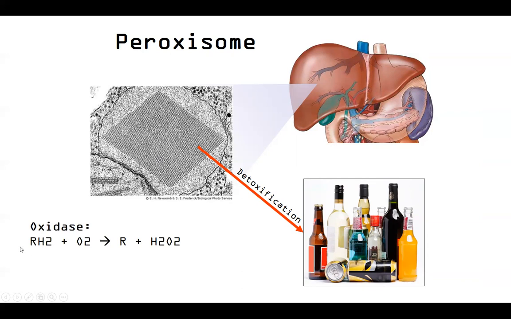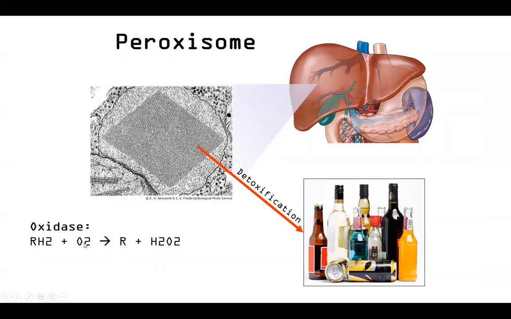So it has enzymes called oxidases. We have carbon compounds with, here, 2 hydrogens, and we're going to use molecular oxygen. These oxidases are able to remove hydrogens from whatever group this is.